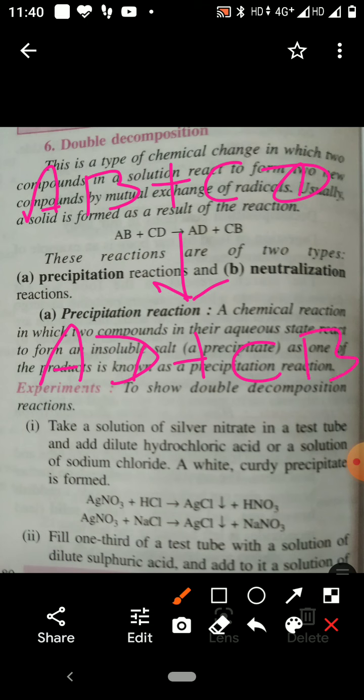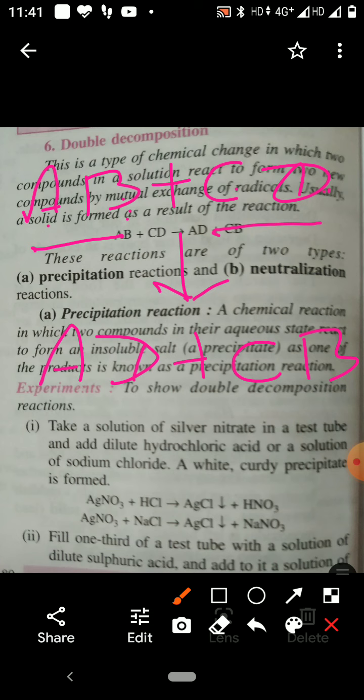It means the first compound AB decomposes, the second compound CD also decomposes, A combines with D, C combines with B. Both decompose, and after decomposition there is the mutual exchange of radicals. B is replaced by D or D is replaced by B.